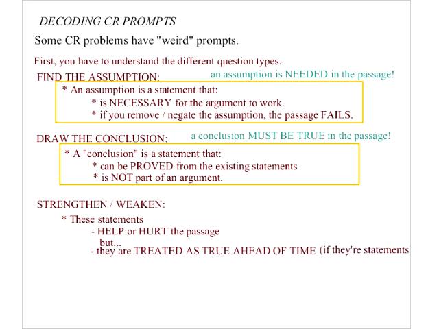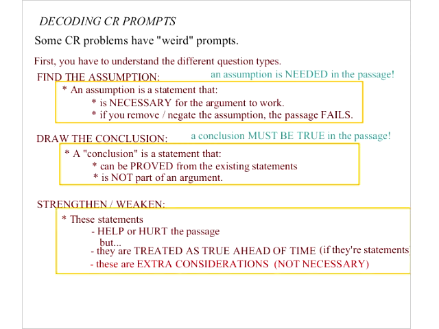We'll get there in a second. And here's the biggest thing. The biggest difference here is these are extra considerations. They're absolutely not necessary for the argument. That's the biggest difference between a strengthener and an assumption. An assumption is an integral part of the passage, whereas a strengthen or weaken is not. It's just some random statement that you treat as true and see how it helps.